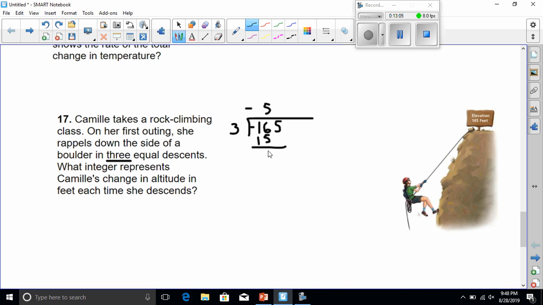And that'll leave me with 15 left, which again, 5 will go in there, which tells me that each time that she descends down, it's going to be negative 55 feet, right? Negative 55 feet each descent.